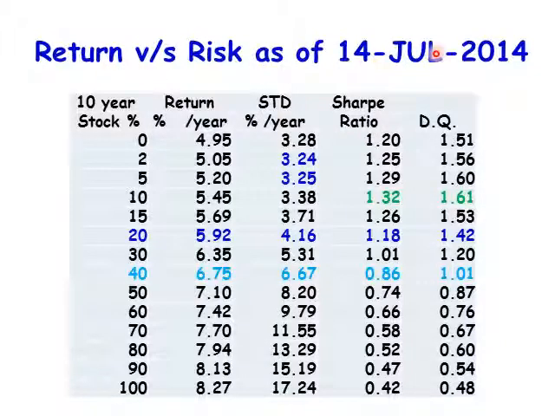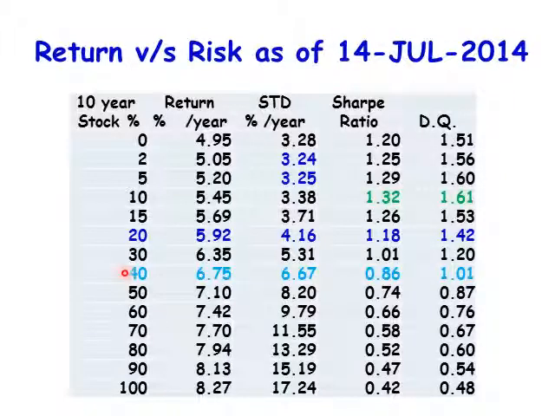Here's the table I've been talking about. The first column is allocation to stocks as a percentage, and bonds are 100% minus this number. Here's the return percent per year, and here's the standard deviation of return percent per year. These are 10-year based numbers for returns and standard deviation, and I made this chart on 14th July 2014.